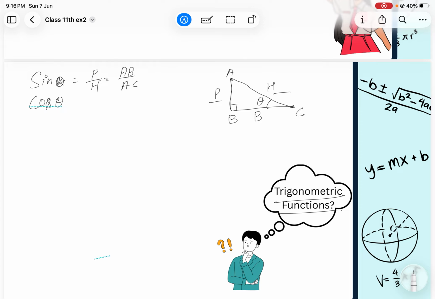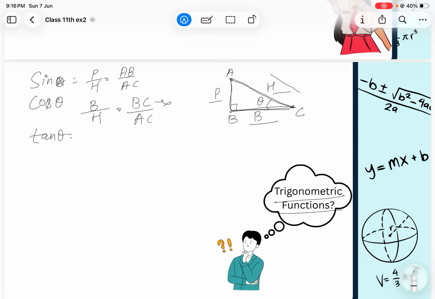Cos, what is cos? It will be base by hypotenuse, right? So base is b, so this is b by h. We can also write it like BC by AC. This is BC and this is AC. Don't think this is the other BC. Okay, this is BC, this side. Now we have tan theta.